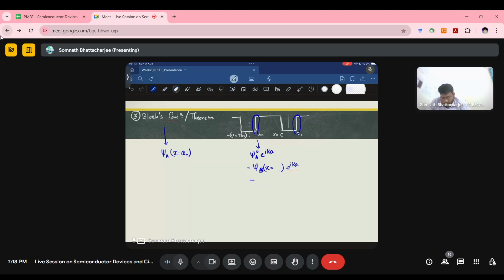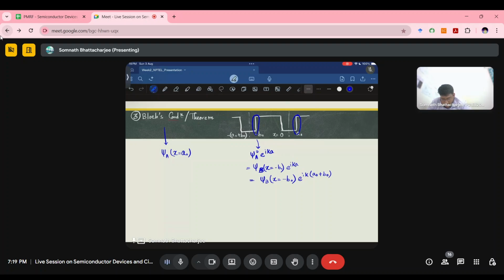So we can write it as minus b naught, and psi B when x equals minus b naught e to the power i k (a naught plus b naught). Based on this, these two would be the same.